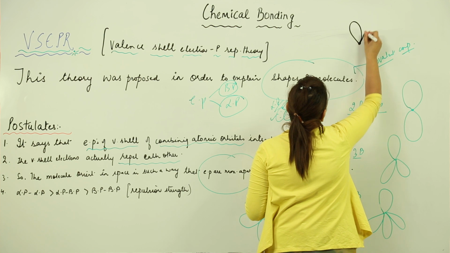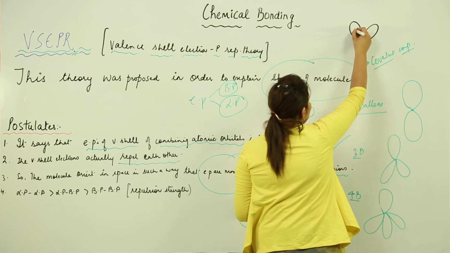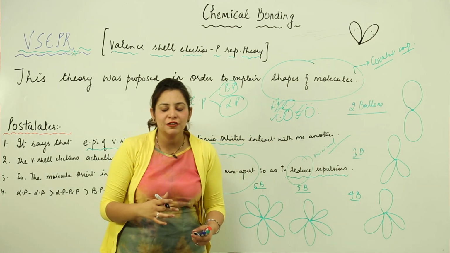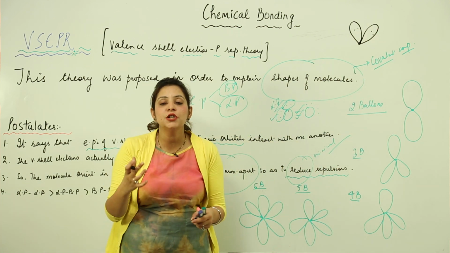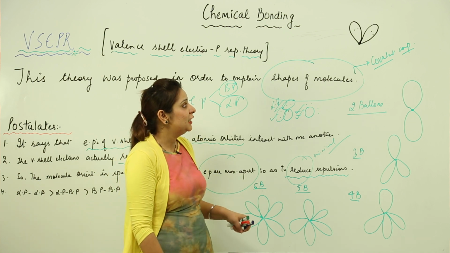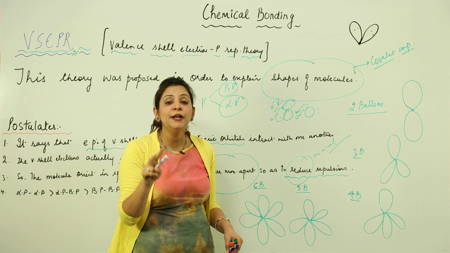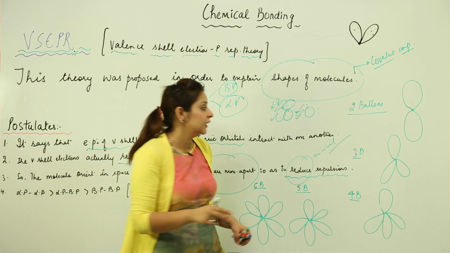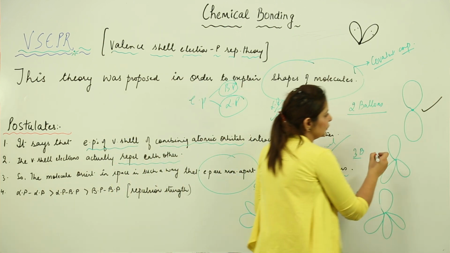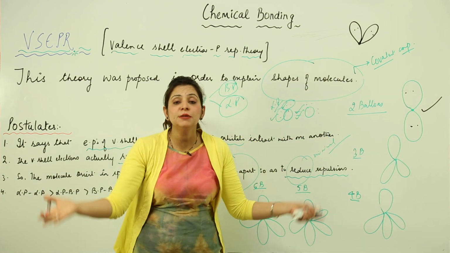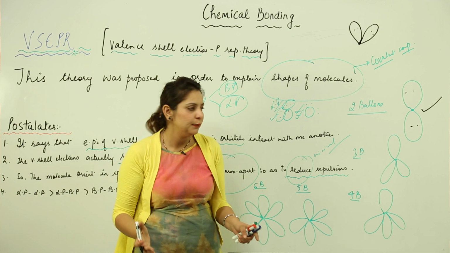We won't say it acquires this kind of shape, because the atomic orbitals would be closer to each other, with more repulsion, more energy and least stability. So if we have two atomic orbitals combining, what kind of geometry will they tend to obtain? They will tend to obtain this kind of geometry.